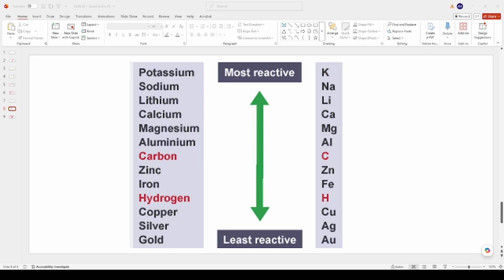So all the first ones till carbon end in -ium. Yeah, fair enough.